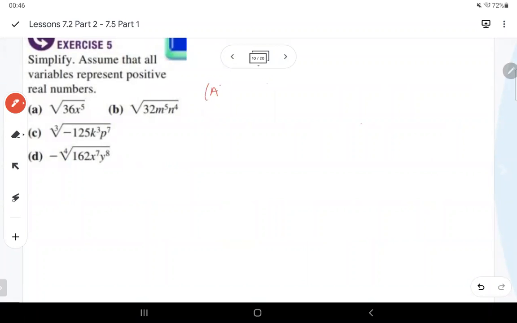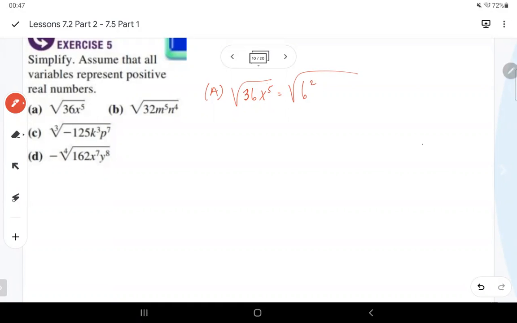Now here they're just bringing in the idea of how to simplify variables with exponents under the radical. Well, again, what we want to look for is groupings. So here we would have 6 squared, but then remember with exponents on variables, what we can do is we just add them.